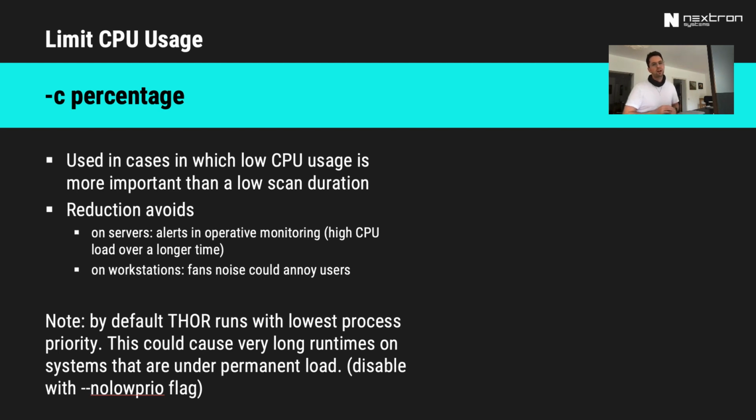Users, especially now when they're working from home, do not want their fan running at highest speed, because that causes noise, and they say, well, let's check which process causes this noise, which process causes this high CPU load, and then they try to kill that process.